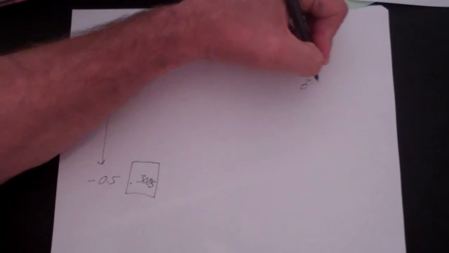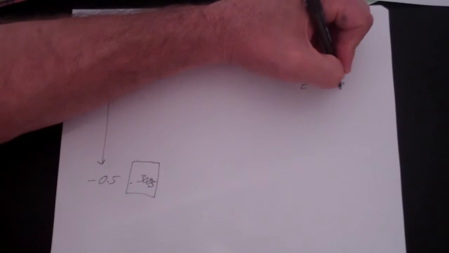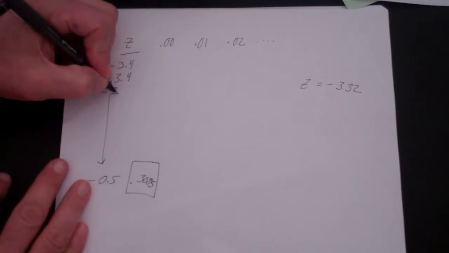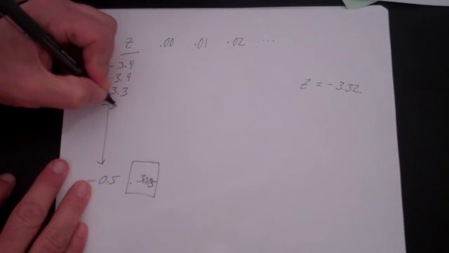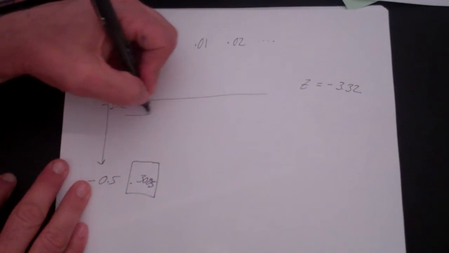Let's say you had a z-score of minus 3.32. So that would be minus 3.3, minus 3.2. You just read down, and then you go across.